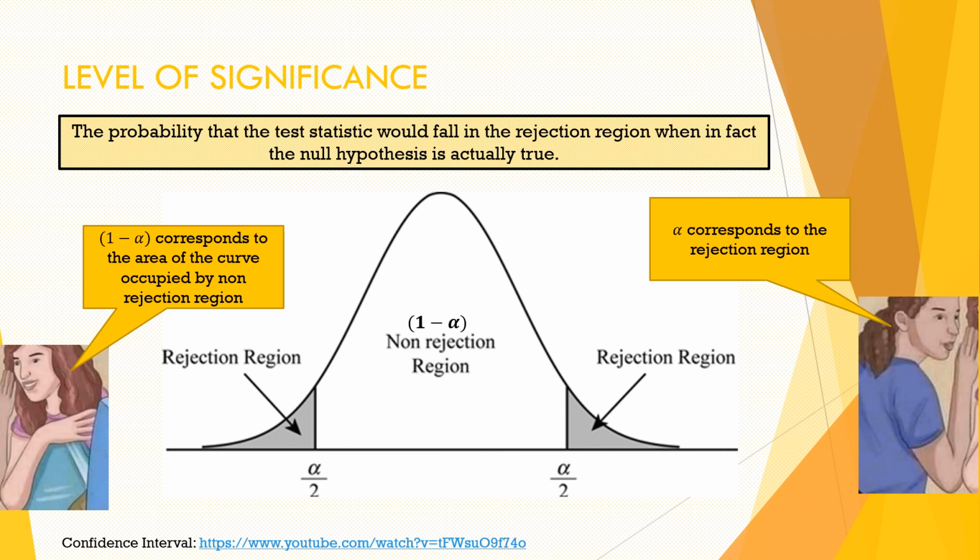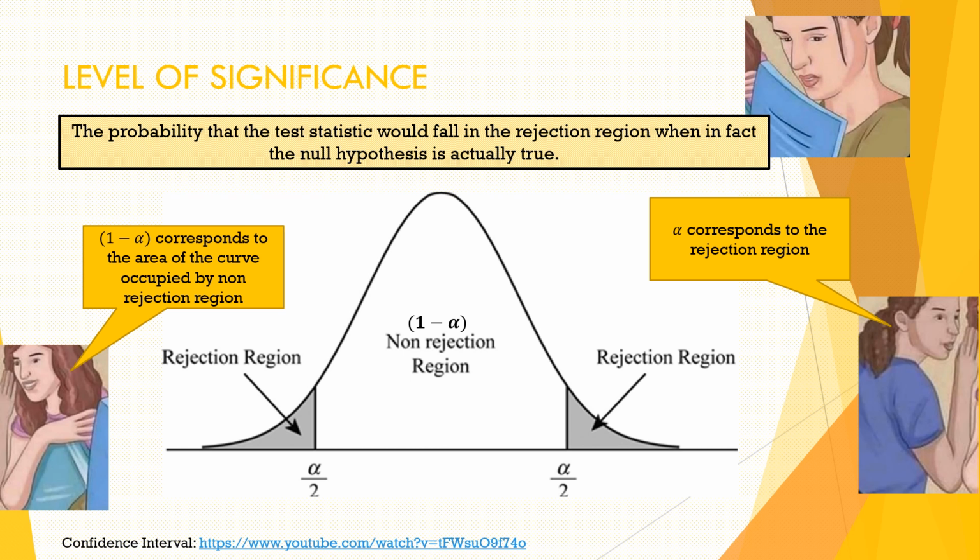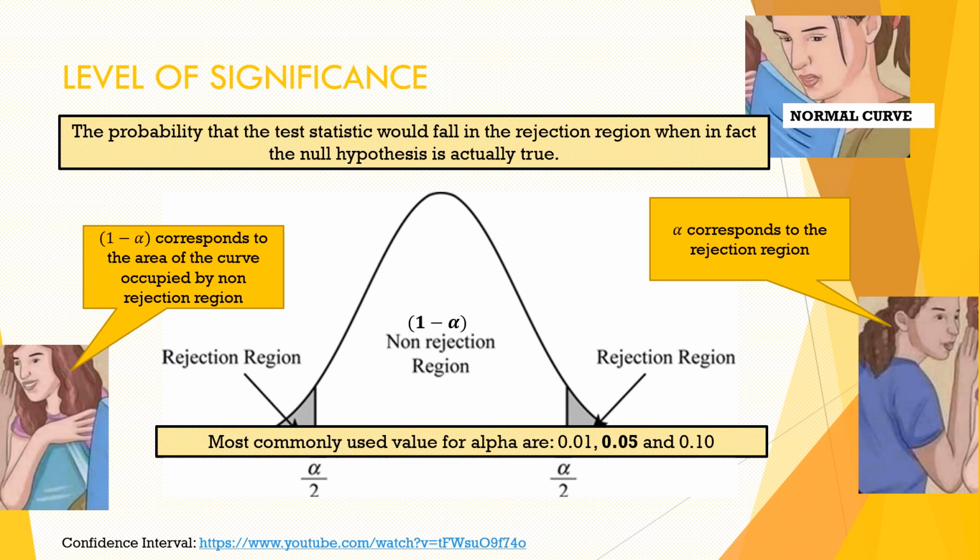But if it is just right-tailed or left-tailed, we do not need to divide our alpha. So again, alpha corresponds to the rejection region, and 1 minus alpha corresponds to the non-rejection region or the acceptance region. The most commonly used values for alpha are 0.01, 0.05, and 0.10.